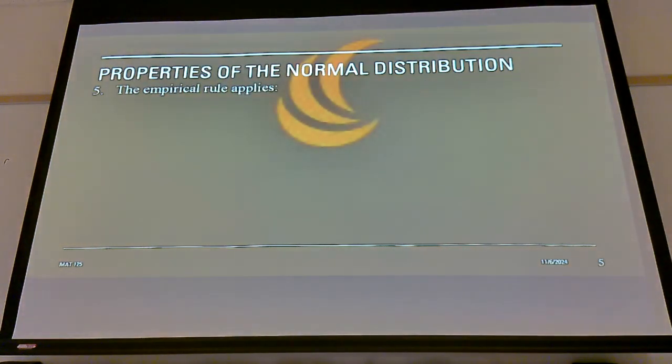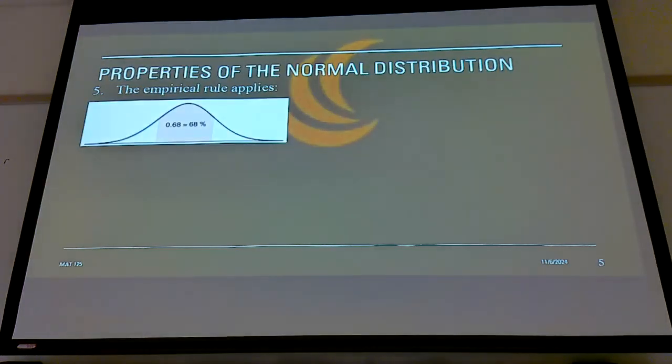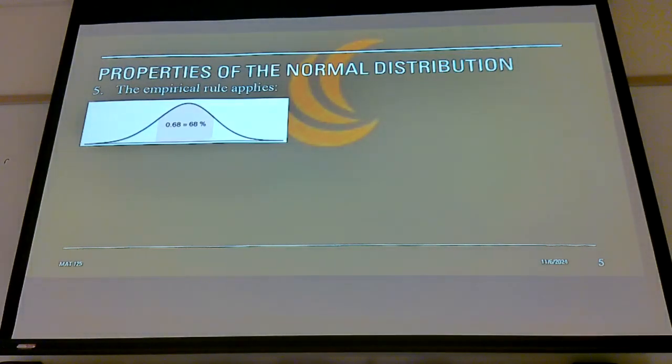The empirical rule applies. I remember what the empirical rule was. This was way back. 68% of your data is going to fall within one standard deviation of the mean.